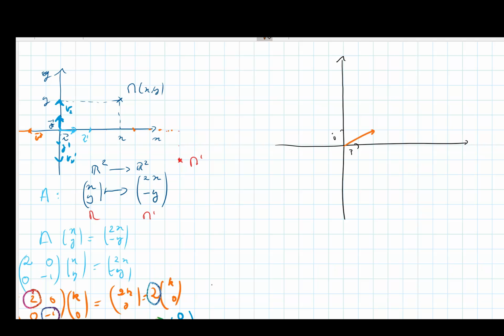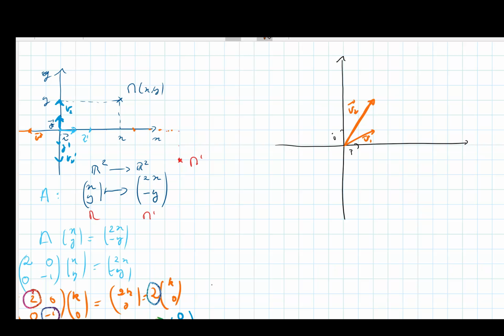This is going to be my V1 vector, and I want it to multiply by 2 anything that is collinear to that vector, and take the opposite of anything collinear to, well, let's take another one, maybe this one. Let's call that V2.